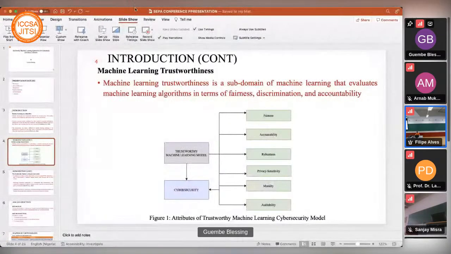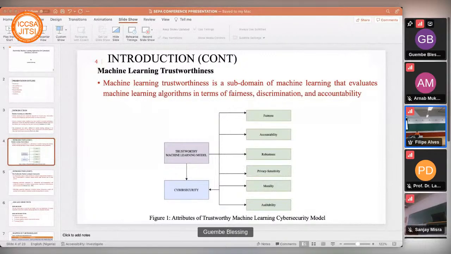Okay. Can you see my slide? Yeah. Maybe go to the presentation mode and you can continue. Okay. I guess you can see my slide.